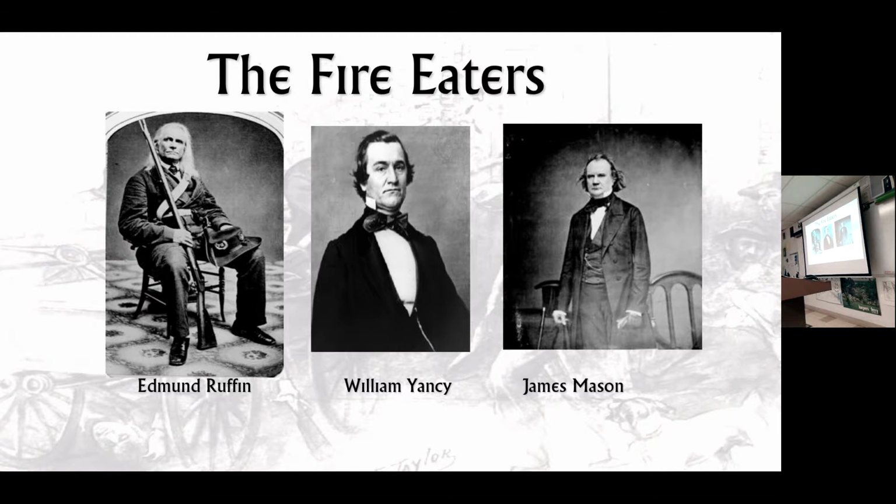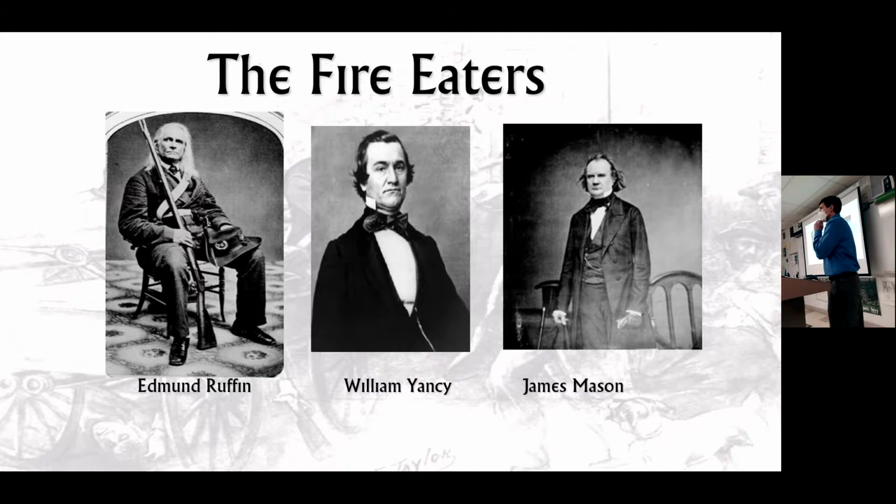Yancey of Alabama believed slavery must be spread everywhere, including other areas we might get: Cuba, Guatemala, Argentina. And Mason of Virginia, he had to start with the Nat Turner Rebellion.